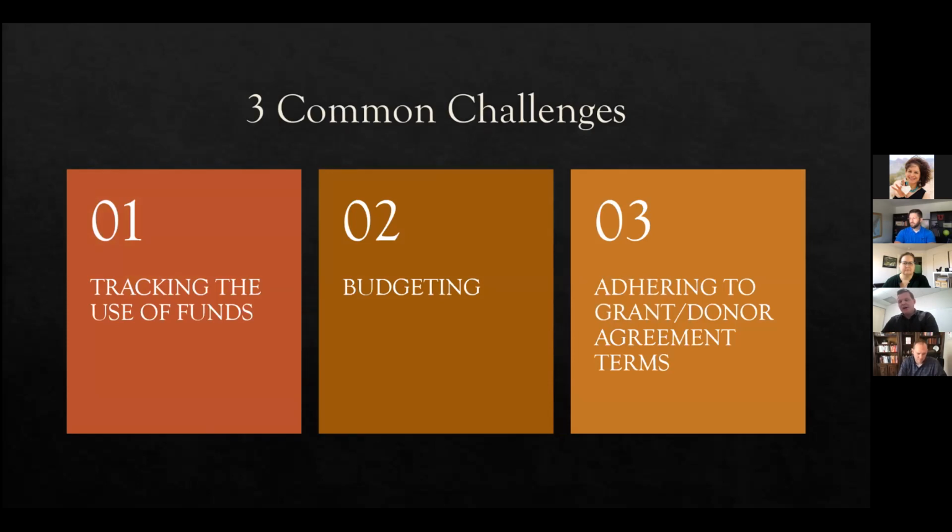Especially if you're required to do an audit, you're going to be required to use some sort of real accounting software like QuickBooks. Depending on how big you are, there are tons of other software out there that help with accounting. But this is the biggest pitfall I see: they'll get the grant money, and the grant says you need to account for receiving it and then where all the money goes, all your expenses, and all the things that you do to benefit people.